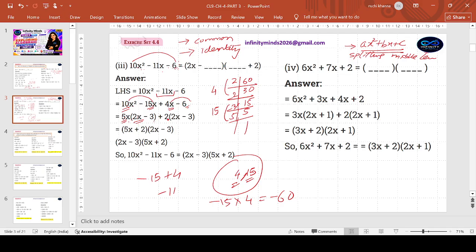So from 4 and 6, 2 will come common, 2x minus 3. Again, a repeating bracket has come. So the repeating bracket 2x minus 3 will come outside, 5x plus 2 inside. So 2x minus 3, 5x plus 2. Clear?